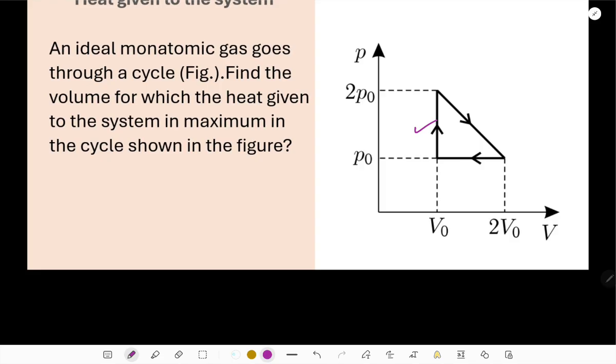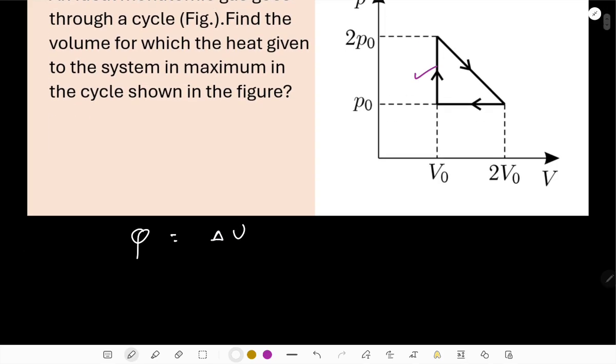As far as the first law of thermodynamics is concerned, that will be equal to the increase in internal energy only, since the process is isochoric.